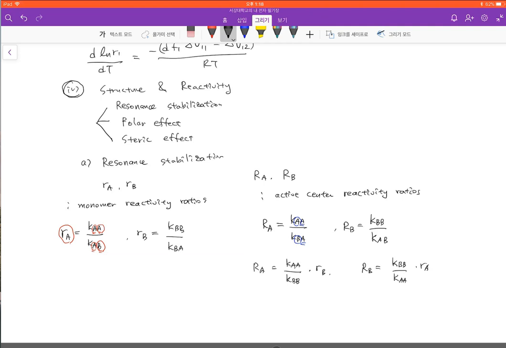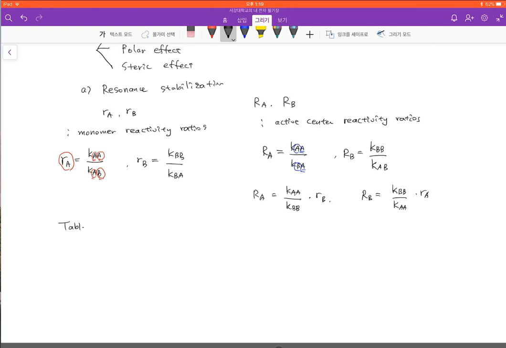Similarly, rb is equal to KBB over KAA times RA. So small r or large R basically represent the relative reactivity of monomer and free radical in copolymerization.